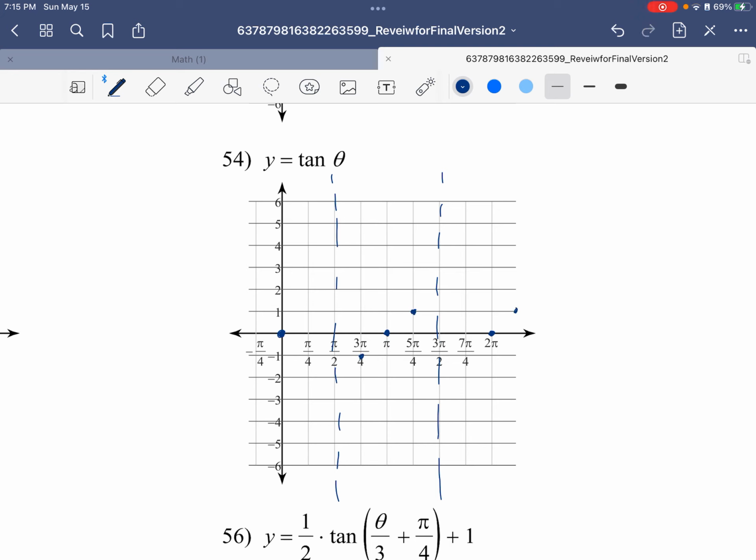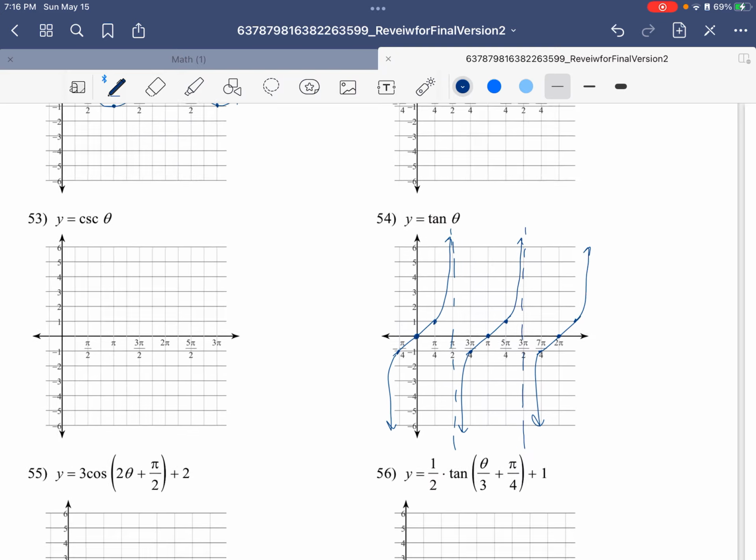So same thing, there's no amplitude, so it's just at 1. And from here to here is actually a straight line, so it's important to make it straight like this and then curve, not touching your asymptote. Something like this would be tan.